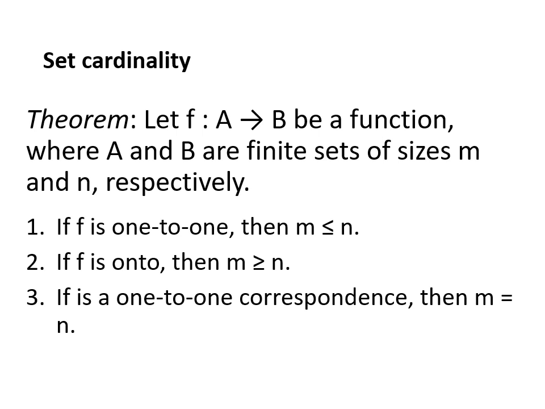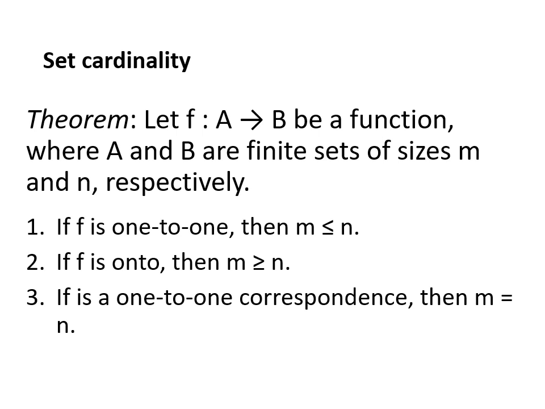Okay, in the next couple of slides, we'll connect set cardinality, or the size of the set, with these properties of functions we just introduced. So the first theorem that we introduced says: let f that maps A to B be a function where A and B are finite sets of sizes m and n respectively.